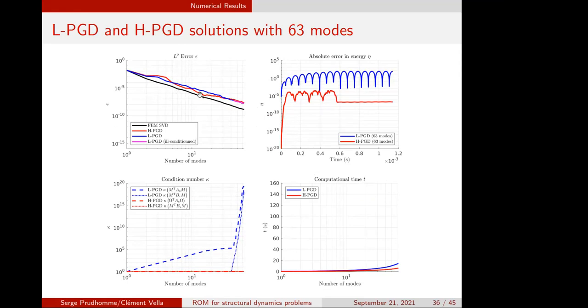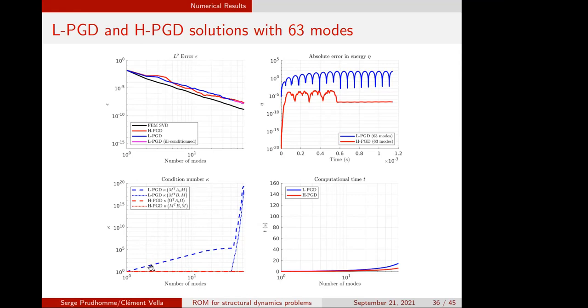So same L2 error, so with 633 modes, what we observe essentially again is that the absolute error in the energy is going to be smaller for the Hamiltonian in red. In blue, actually, after we stop applying the traction, we still have some oscillations.